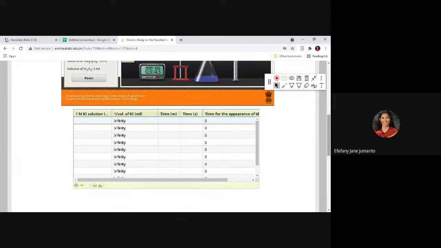Now we also have a table here. We have 6 mL of KI. Yes, ma'am, 6.